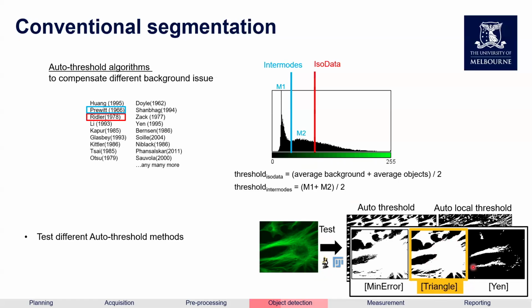Once we have found this, the idea is to use the same auto-threshold algorithm across all the images. So we're assuming that the entire data set will have a similar type of histogram, while the actual range may vary a little bit.